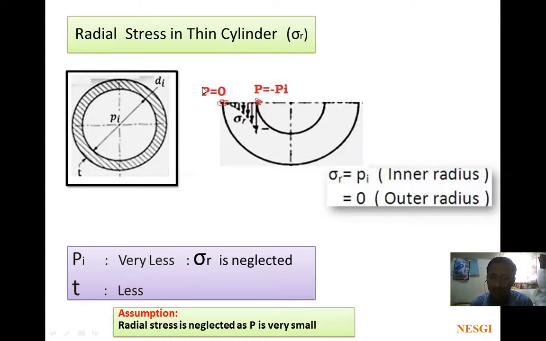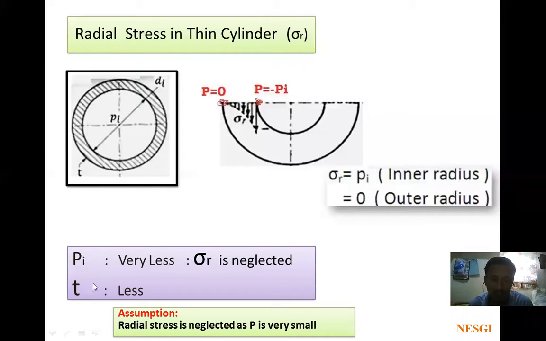At the outer point it is 0 when the cylinder is subjected to only inside pressure. If it is subjected to outside pressure, then it is different. Outer radius it is 0, inner radius it is equal to the inside pressure. The minus sign is taken to indicate that it is compressive in nature.